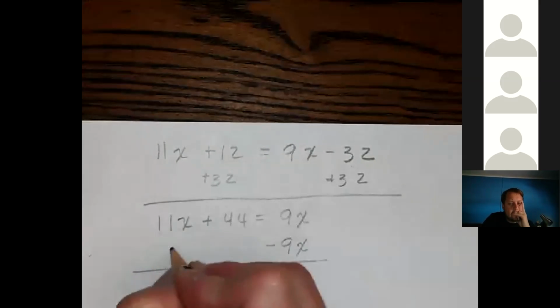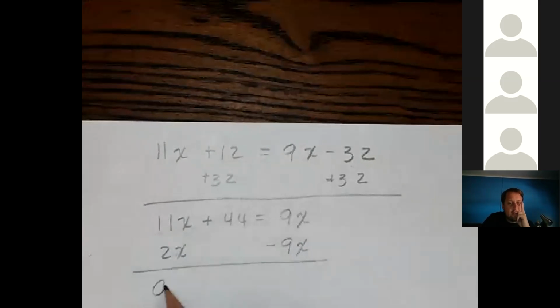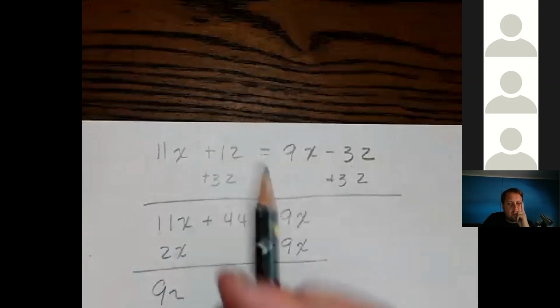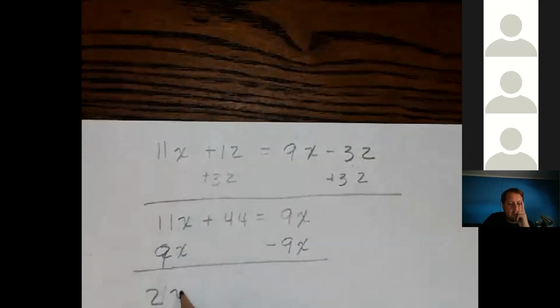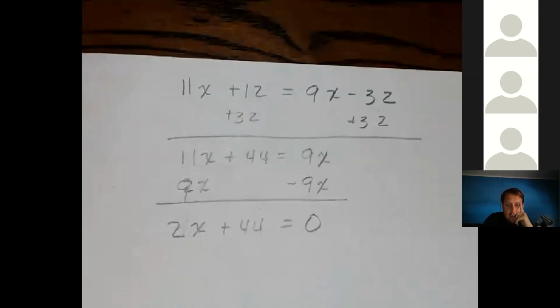So 2x plus 44 equals, what is this equal? 9x. No, I had to subtract 9x from there. So 0. Okay, that's okay. That's an answer?